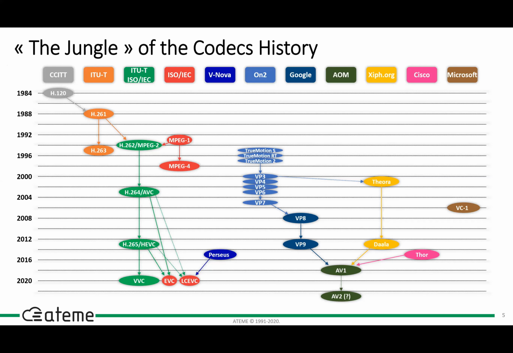Then starting from HEVC at MPEG, there are two other codecs that are also arriving this year. So VVC in July, EVC in July, and LCEVC later this year. So those are the three codecs that are arriving at MPEG. And for AV2, I will give a rough estimate, but it's a bit hard at the moment to predict.